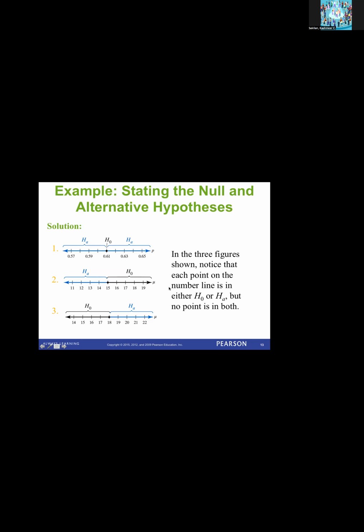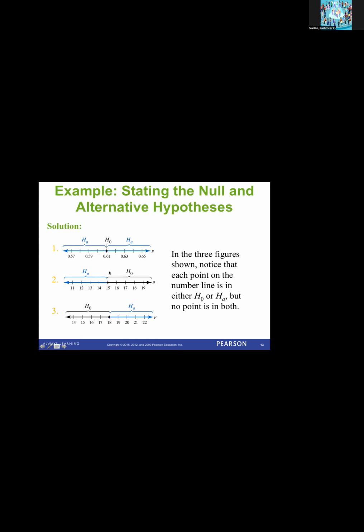In the second example, HO is equal to 15 minutes or greater than 15 minutes. If you look at the black arrow, we have greater than 15 or less than 15. And then the third one, HO: we have less than or equal to 18.